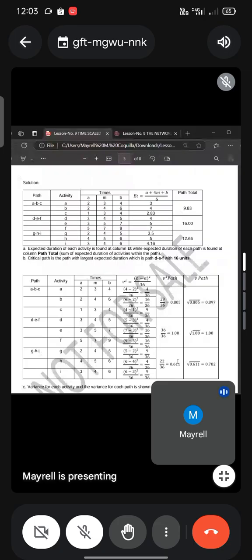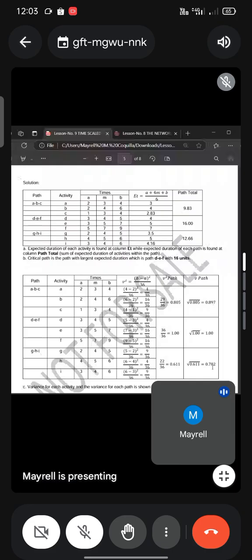For the standard deviation, just take the square root of the variance of the path. The square root of 0.805 is 0.897, the square root of 1 is 1, and the square root of 0.611 is 0.782.